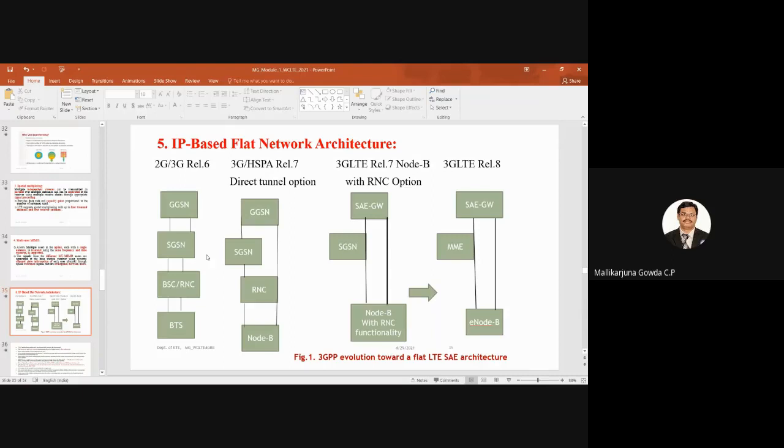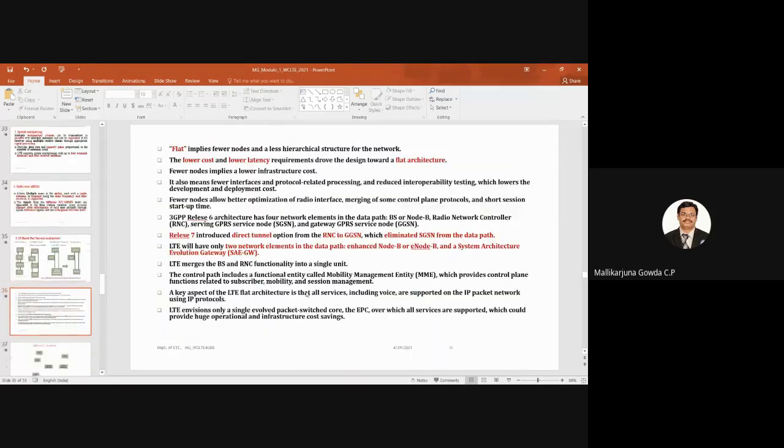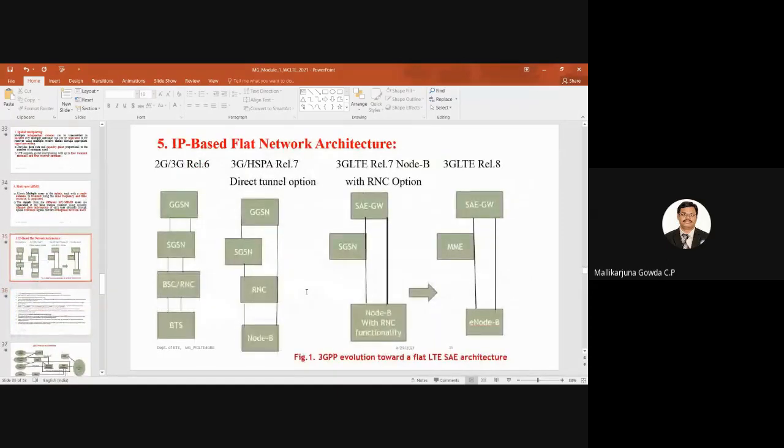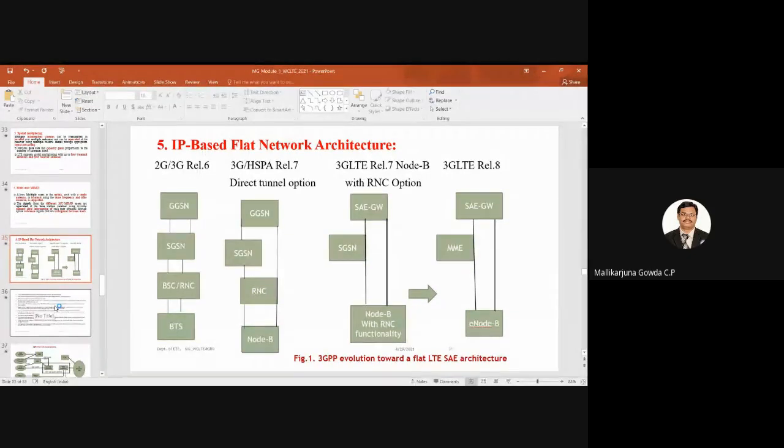Okay, so let me just say in brief. So this is with respect to the diagram what I said. Here, I hope you are able to understand how the design of this network has been moved from 2G to 4G, with reduction of the number of network components. Then if I say in the next slide, you should be able to grasp that idea. Is this picture clear?